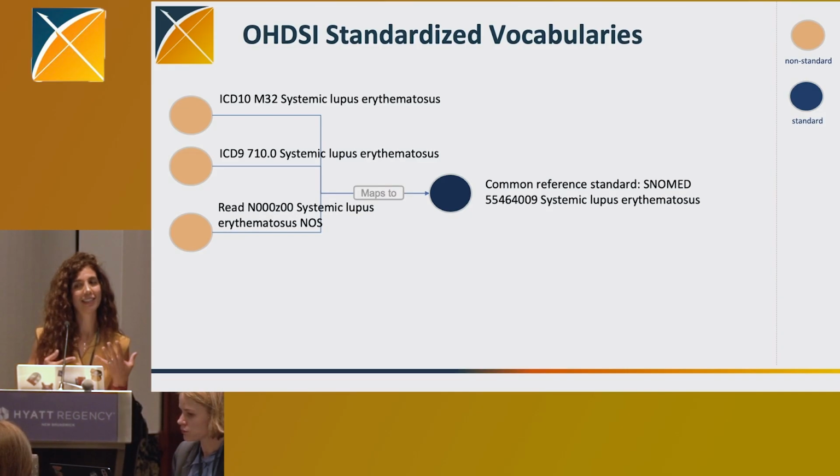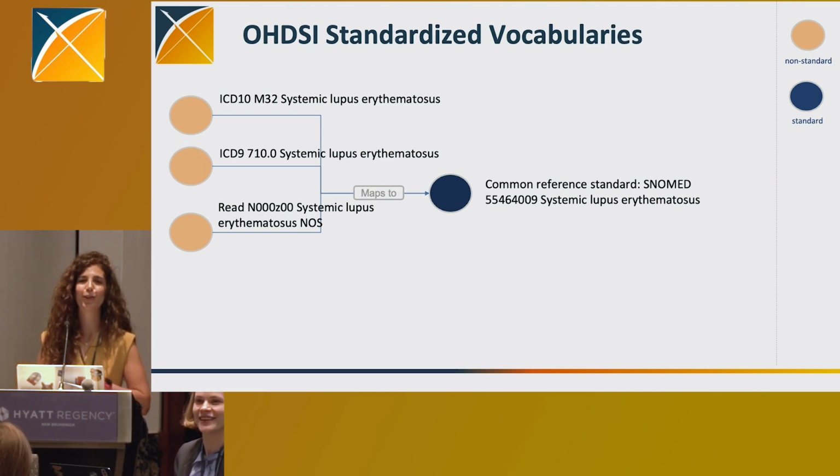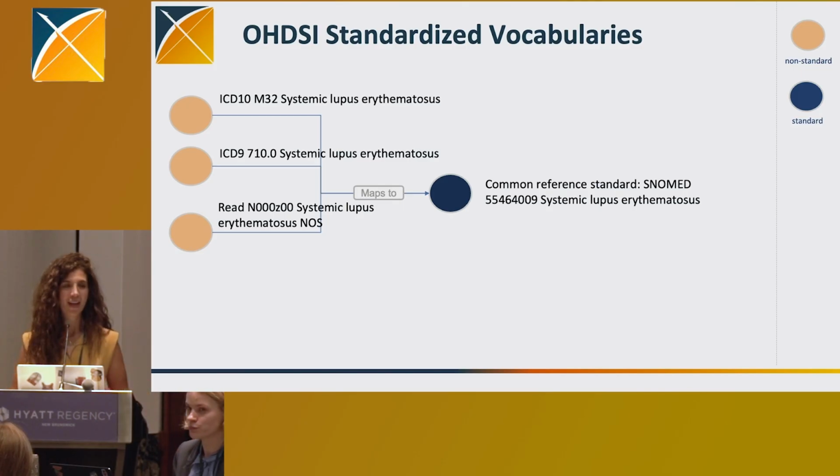If you're looking at ICD-10, you'll find a code like M32 that says systemic lupus erythematosus. If you're looking at ICD-9, you will find another code, 710.0, systemic lupus erythematosus. If you're sitting in the UK and you're looking at data with READ, you'll find another code that also sounds the same, and so forth.